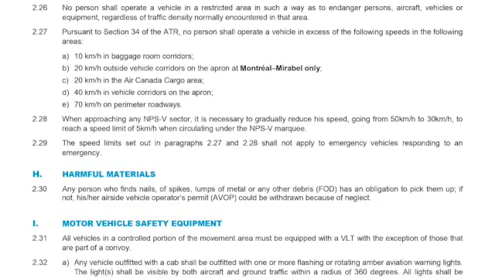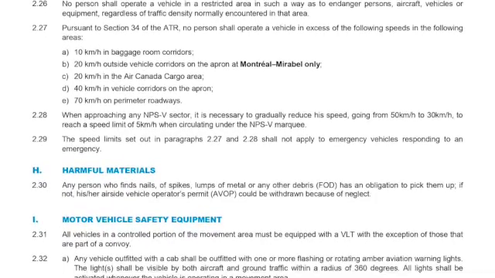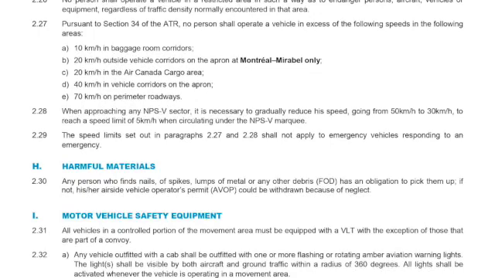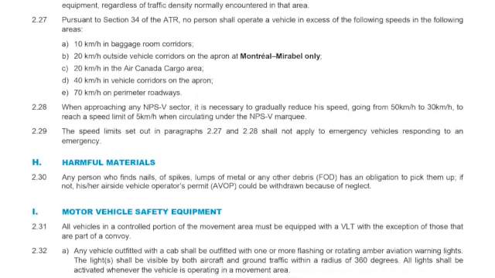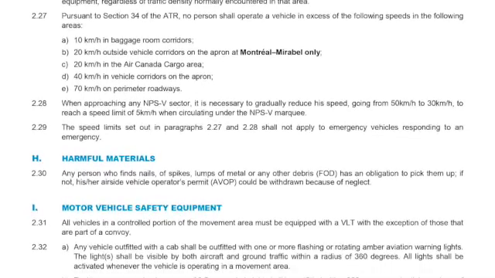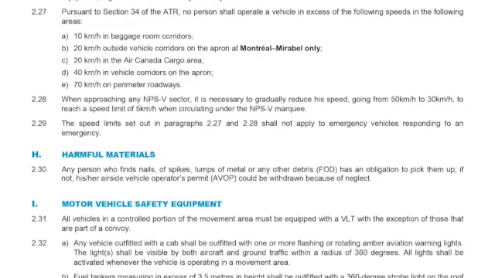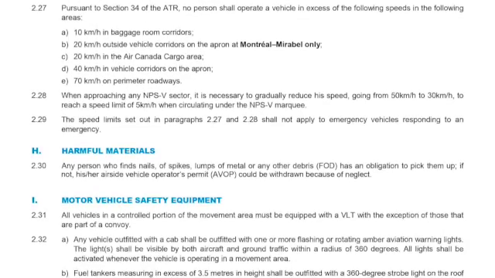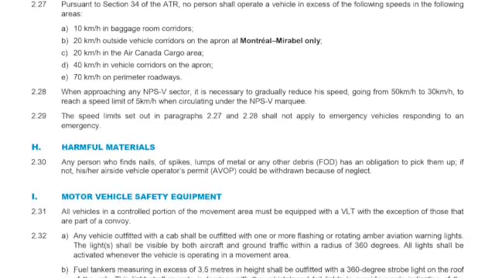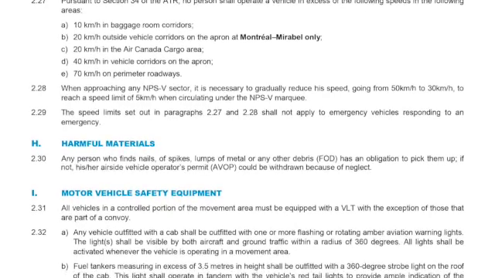H. Harmful materials. 30. Any person who finds nails, spikes, lumps of metal or any other debris, FOD, has an obligation to pick them up. If not, his airside vehicle operator's permit, AVOP, could be withdrawn because of neglect.